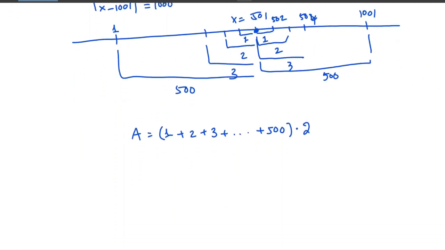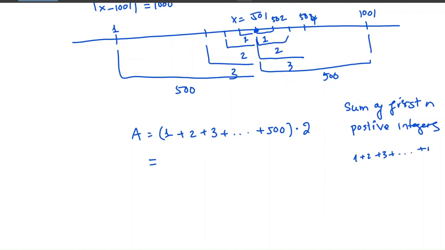So now let's calculate it. Last time we had, if we have the sum of the first n positive integers, 1 plus 2 plus 3 plus up to n is equal to n times n plus 1 over 2. So this one we sum from 1 to 500, so n is equal to 500 here.